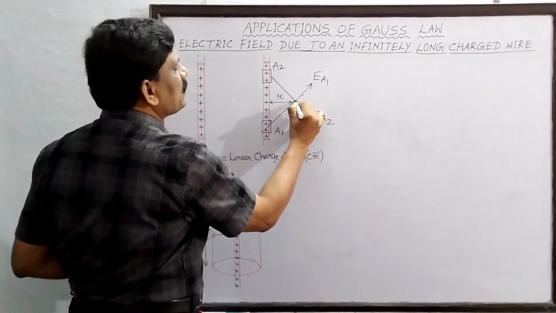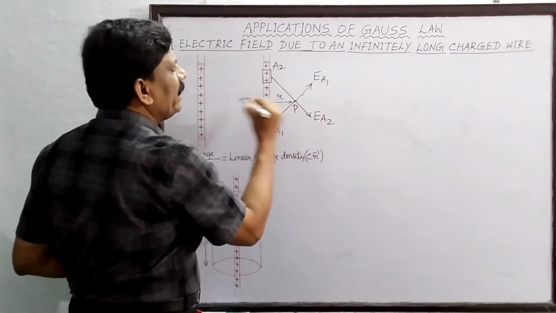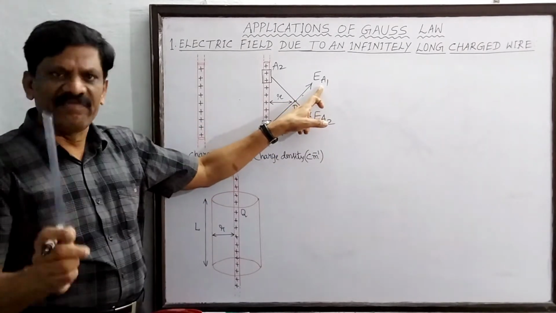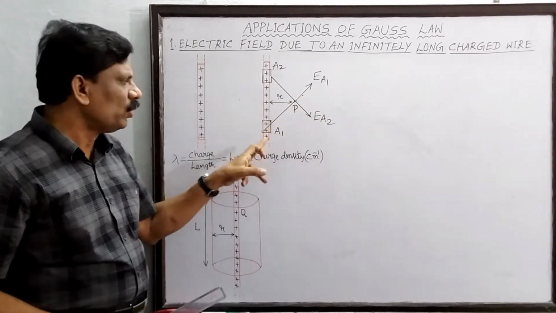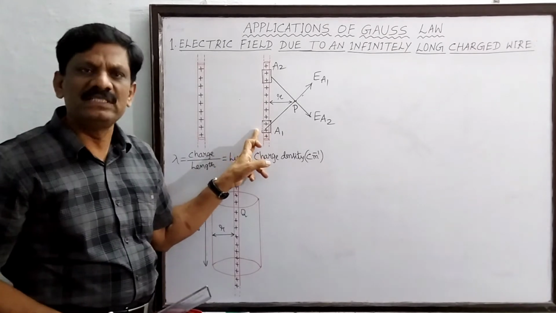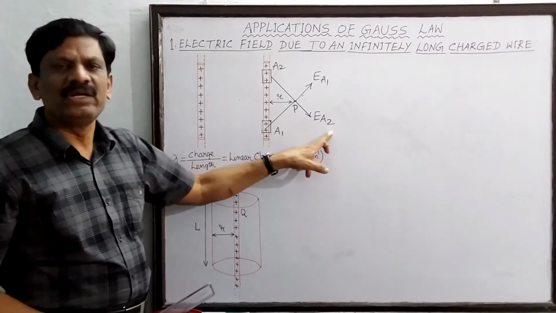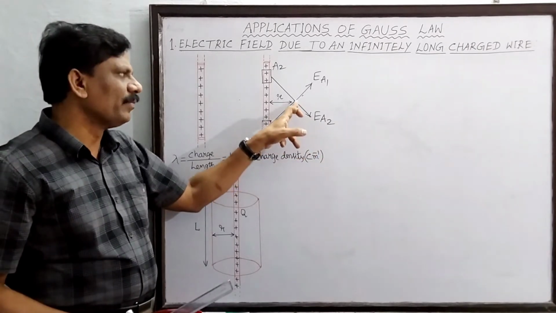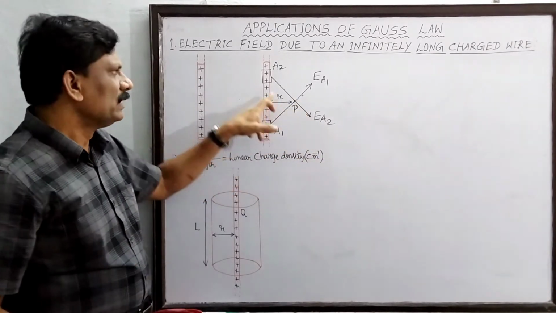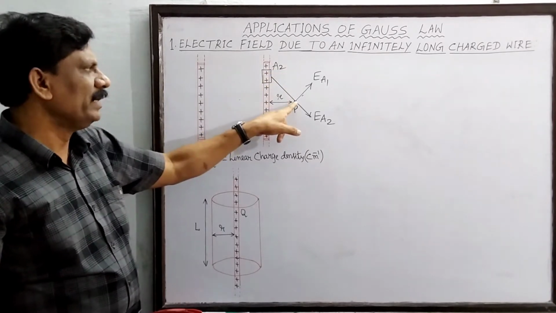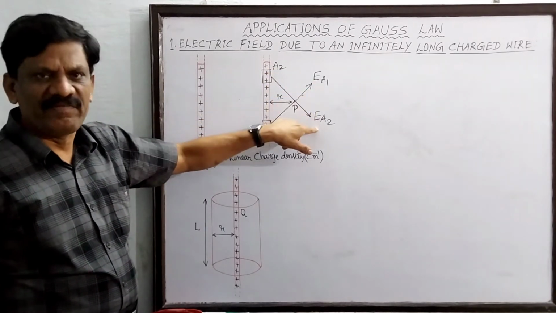So these are the two fields acting at this point P. This is the point P. Now EA1 is the electric field at point P due to the positively charged element A1. Similarly, EA2 is the electric field at the point P due to the positively charged element A2. So at the point P, there are two electric fields.